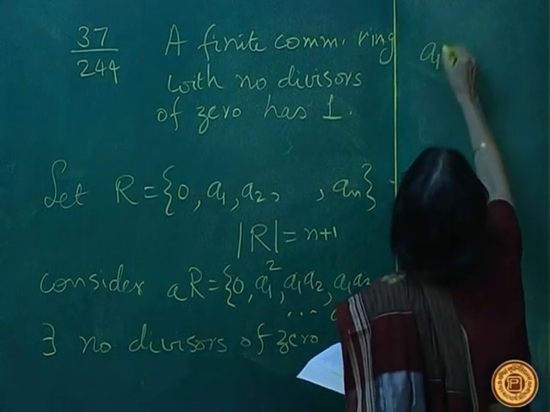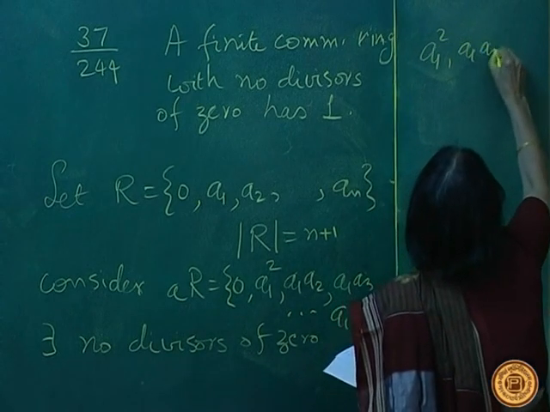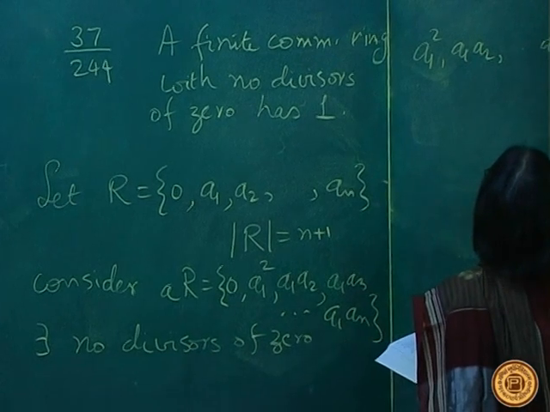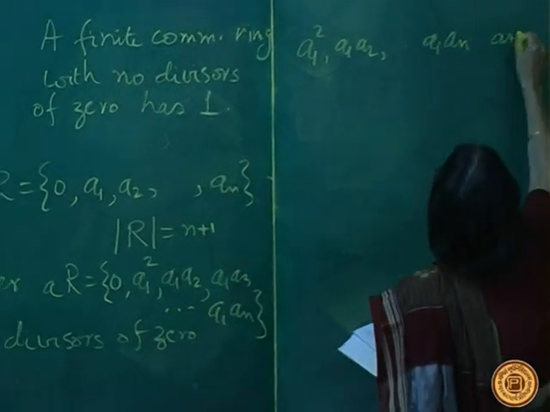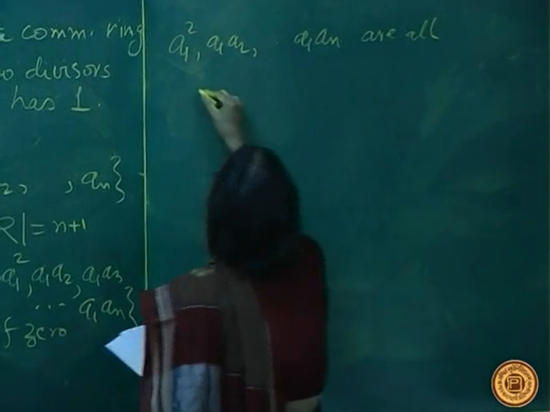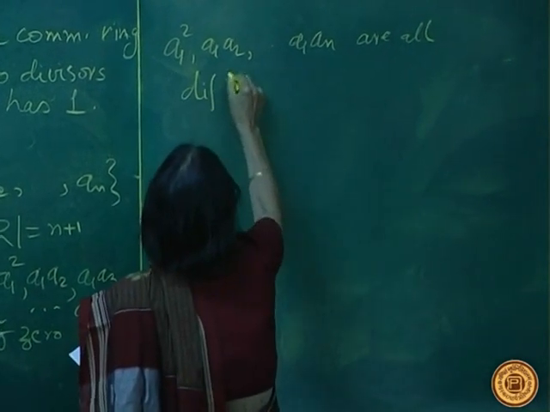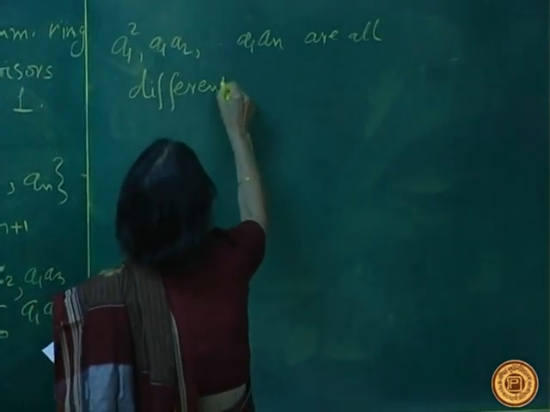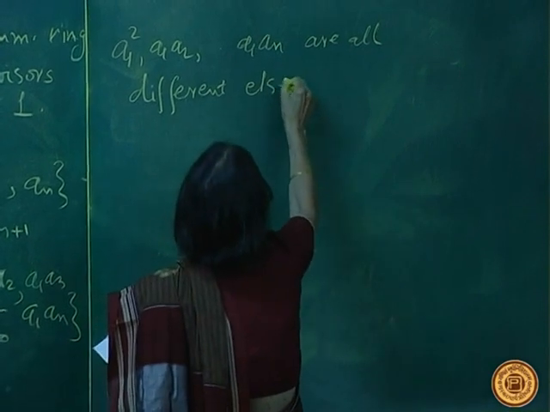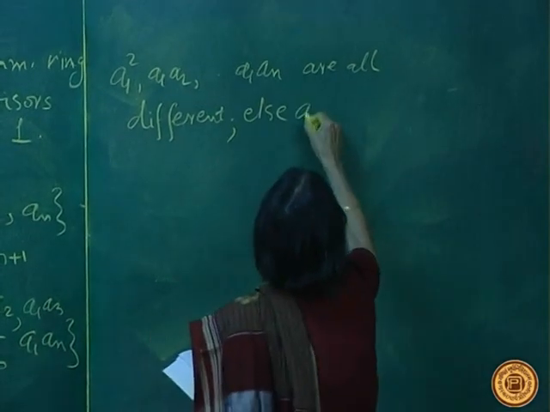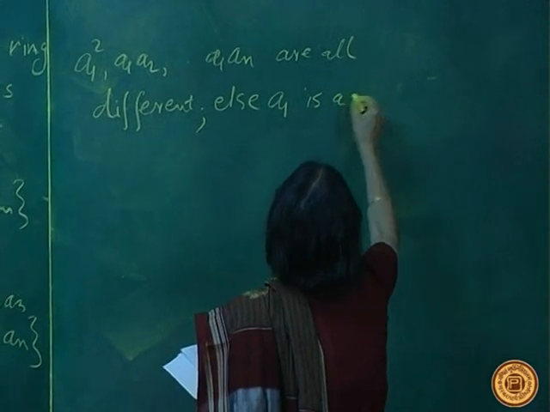First, A1 square, A1 A2, ..., A1 An are all different. Else, A1 is a 0 divisor.